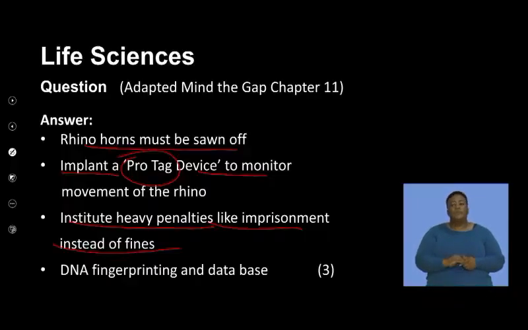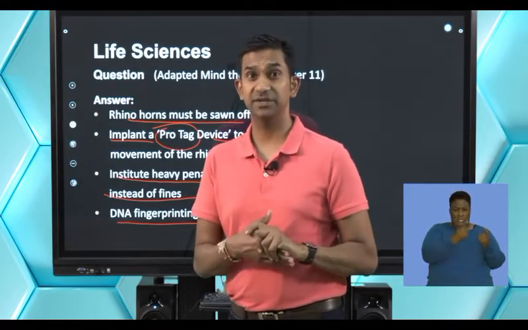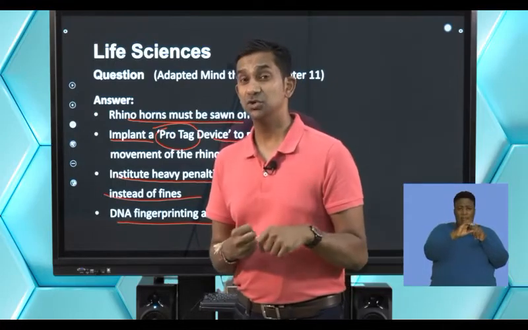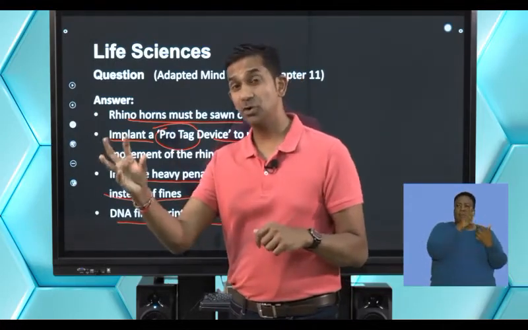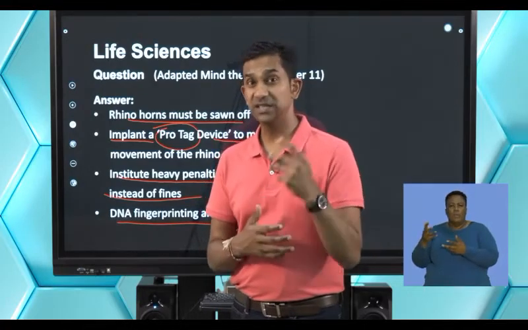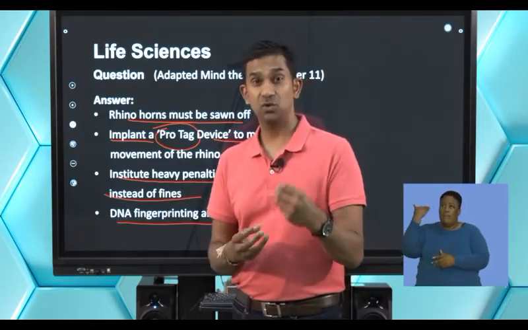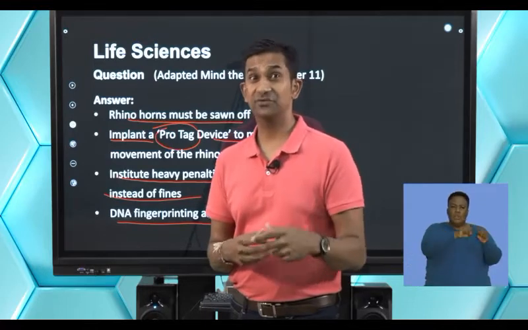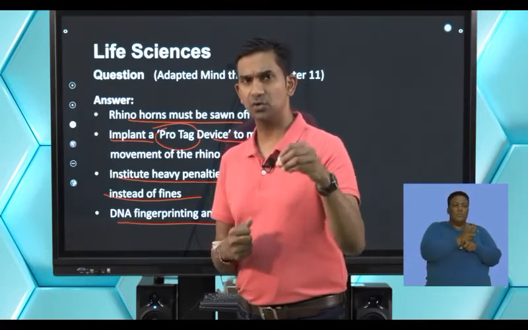However, there are new techniques involved where the rhino horns, or rhinos, have been DNA fingerprinted. This is essentially to be able to link a possible poacher to a site where a rhino has been poached. In the past, when a poacher was caught with a horn, it was very difficult for us to understand which rhino that horn belonged to.